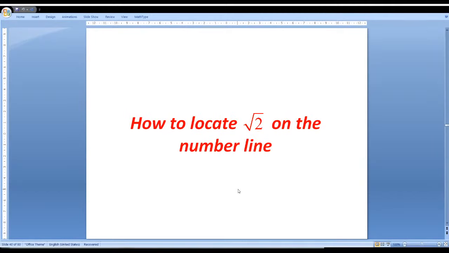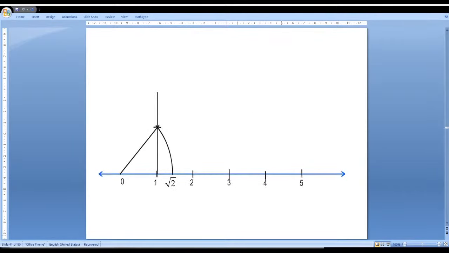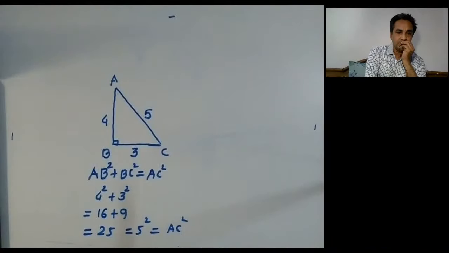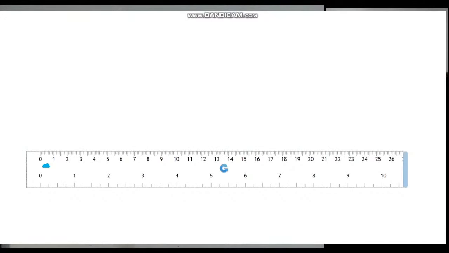Now, let us see how to locate root 2 on the number line. Okay, draw in your notebook. Use a ruler to draw the number line.